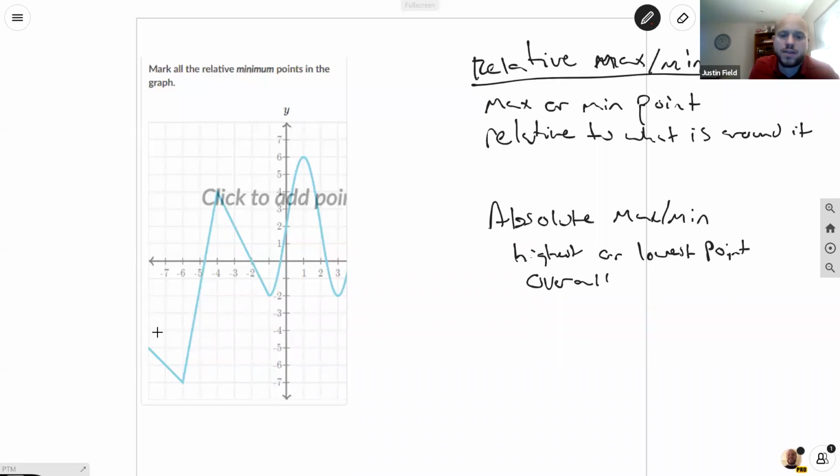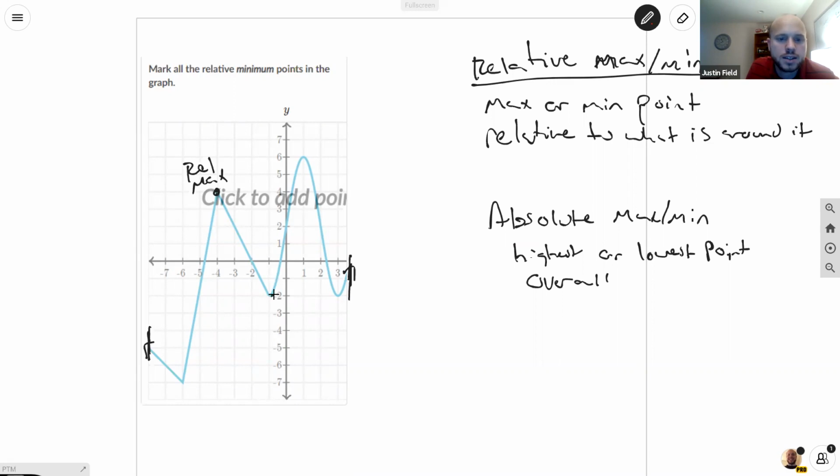But let's look at this graph here. And we'll consider that it goes on forever in either direction, but I guess we can only really talk about what is shown because we don't know if it keeps swerving and turning. So on the part of the graph that's shown, this point right here is a relative max because relative to the points around it, it's the top of a mountain, right?